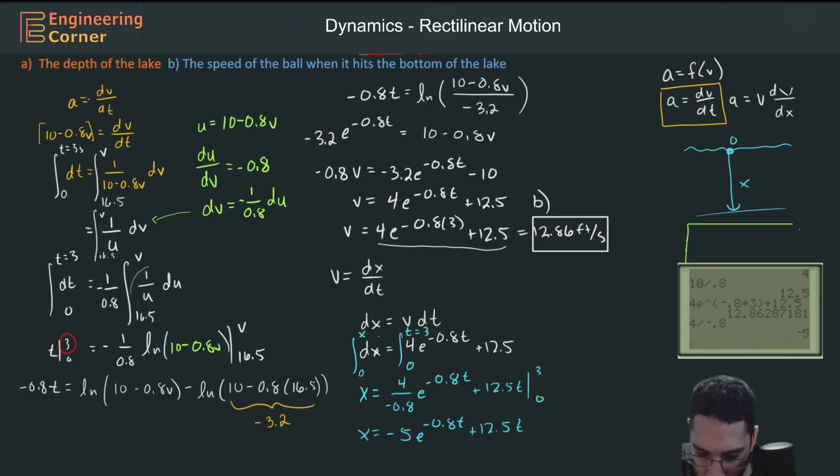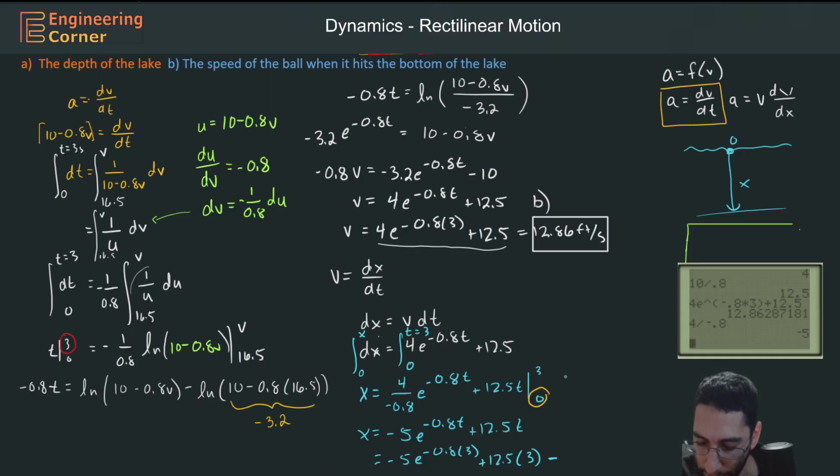And you just got to be a little careful. When you're dealing with exponentials, this 0 doesn't always mean that this exponential term is going to go away. So we can't just say it's equal to 0. We have to say, okay, we need to set this to 0. So this is equal to minus 5 e to the minus 0.8 times 3 plus 12.5 times 3. And then this term is going to go away when we have a 0, but this term is not.